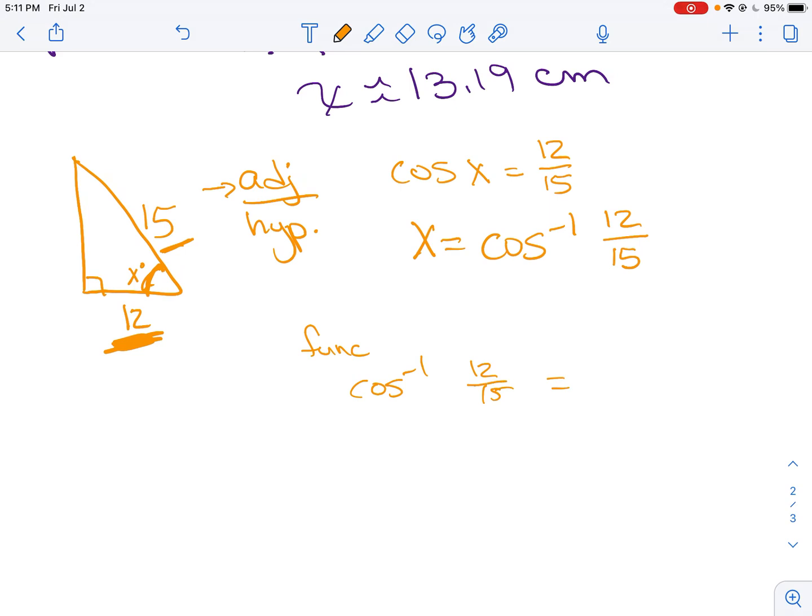If you are using your phone calculator, you want to write 12 divided by 15 and then hit the equal sign.